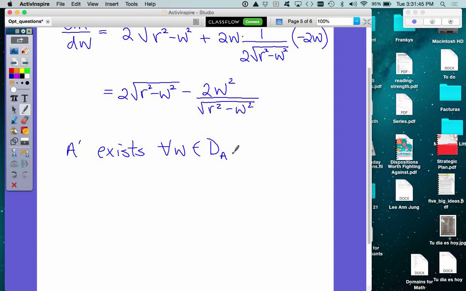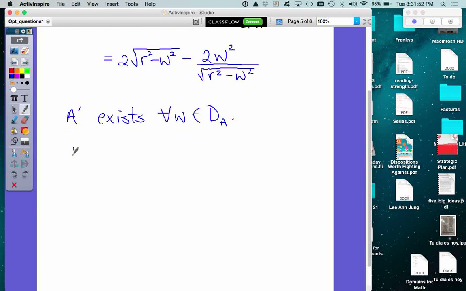And so now we can move on to finding out where A prime equals 0. If I want A prime equals 0, I can see that I want this entire expression up here to be equal to 0, which is the same as saying that the left side equals the right side.